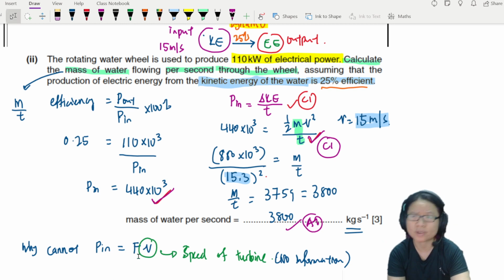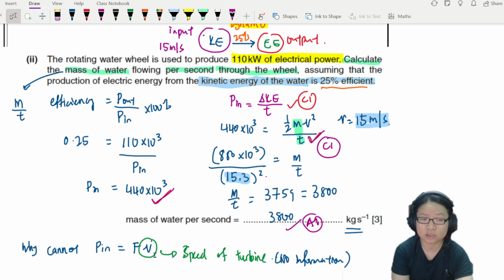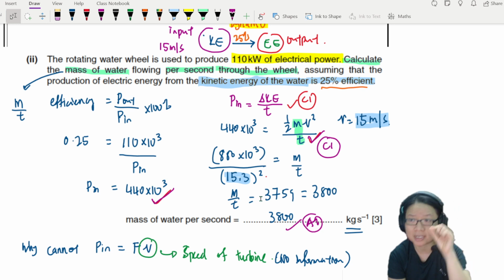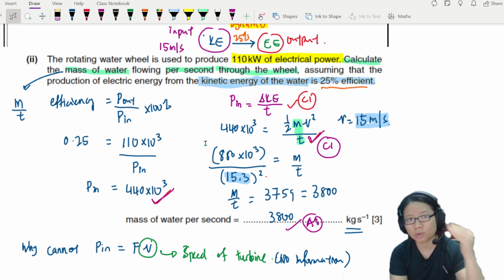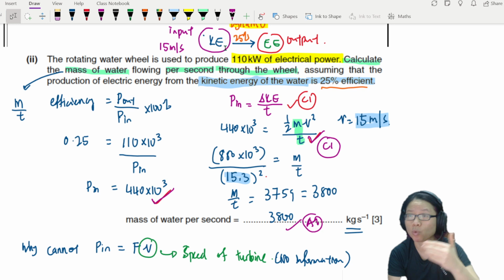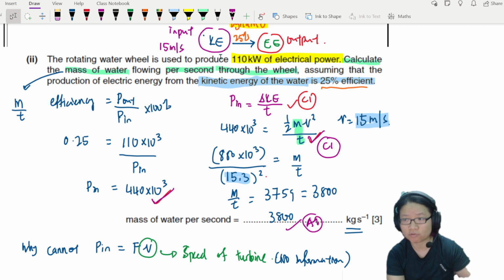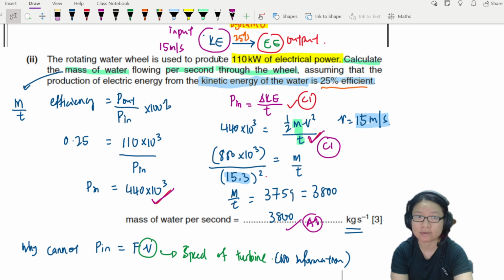And also, what's the force on the turbine? Not enough information. So whenever you want to use P is equal to Fv, this V has to be the speed of that object itself. It's because currently what is happening is the KE of the water will rotate the wheel. Okay, because the water will flow through the wheel and cause rotation.